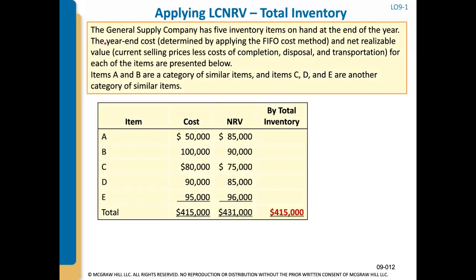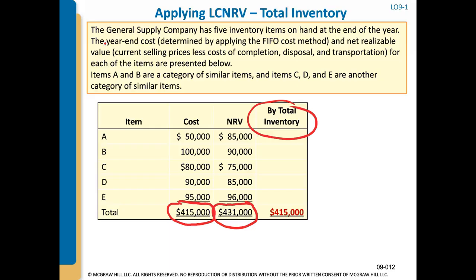account. And then finally, a third way a company can analyze the lower of cost or net realizable value is just looking at their total inventory. And here we see our total cost is 415. You look at the net realizable value of each item and add them all up in total, and we get 431,000.